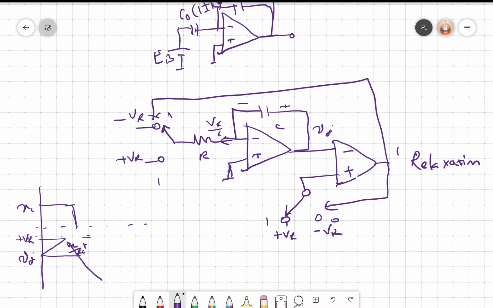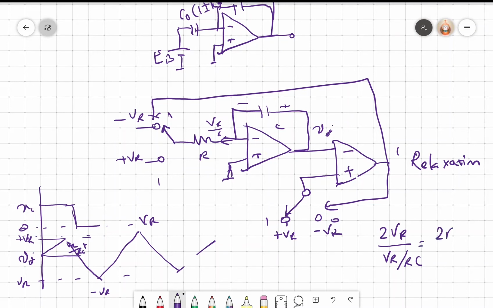So this will go to minus VR. This is 0. When it goes to minus VR, this will again change state. So this is minus VR, this will be plus VR. So the change here is 2VR, at the rate VR by RC, so that is 2RC.